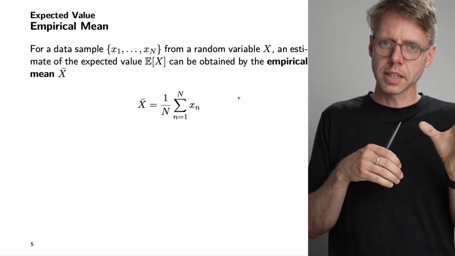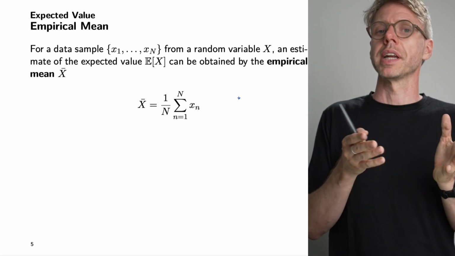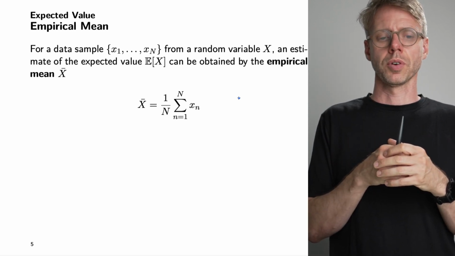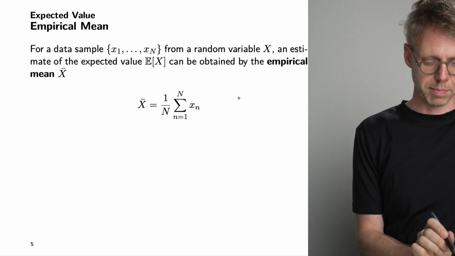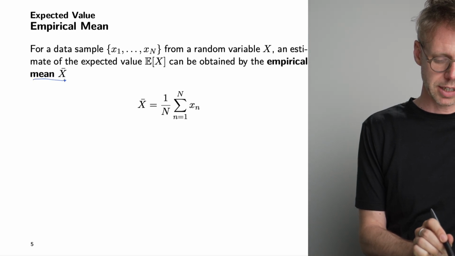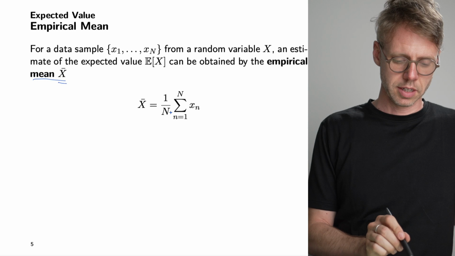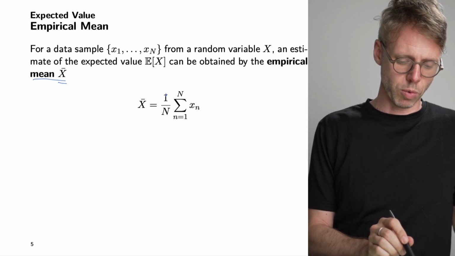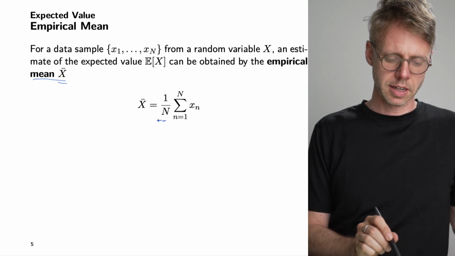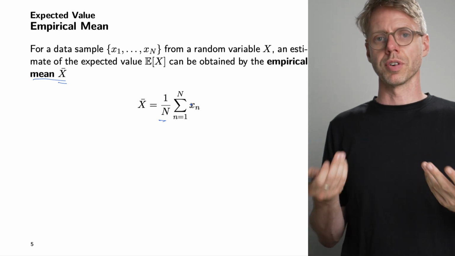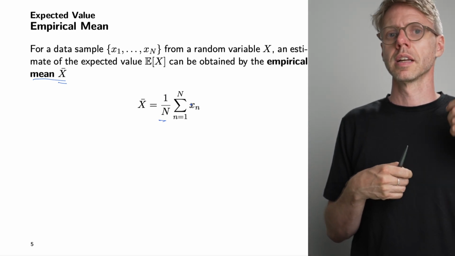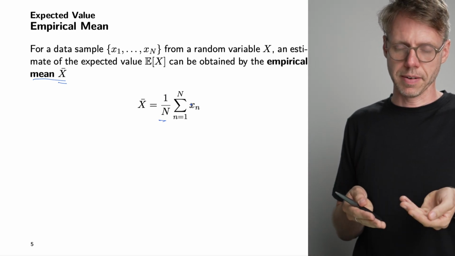And this estimate is given by the average. This empirical mean, which we typically denote by x bar, is just the average, 1 divided by n, times the sum over all of these realizations xn.